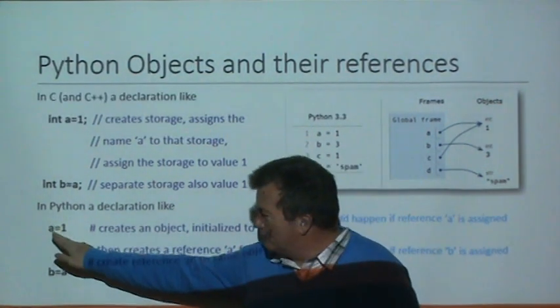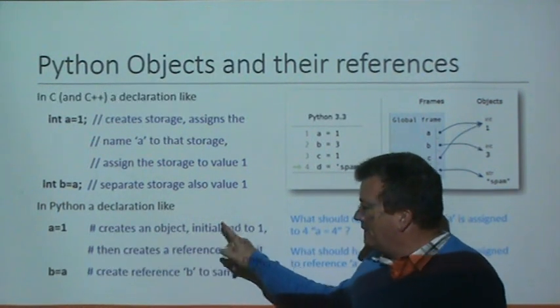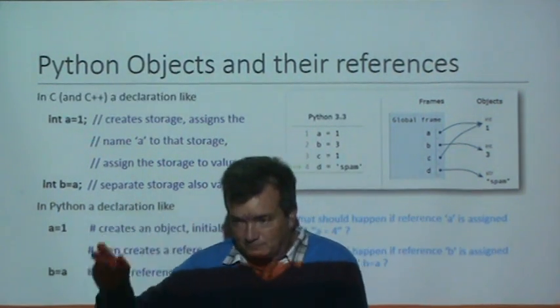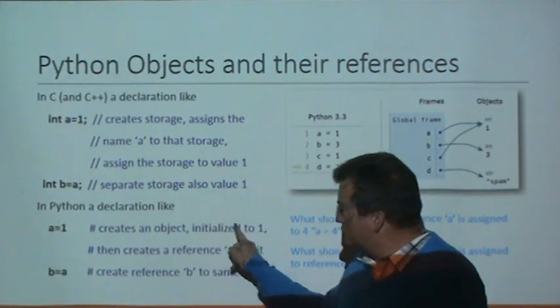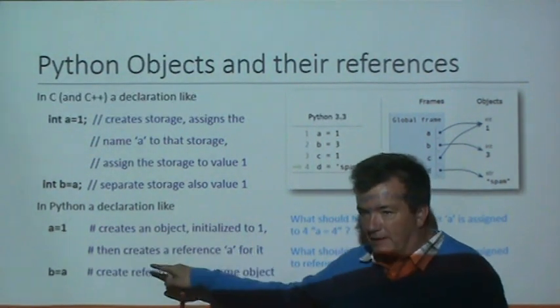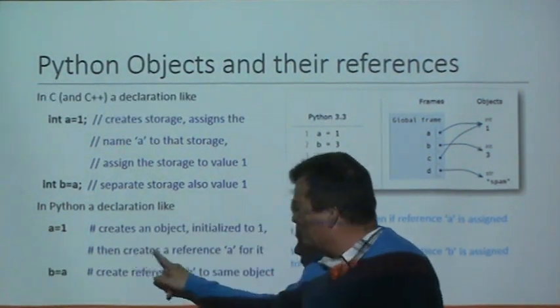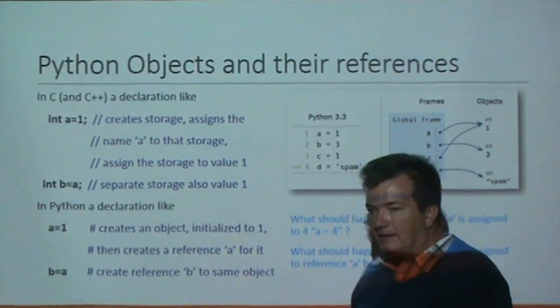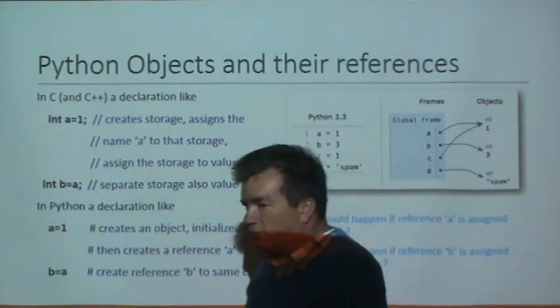So A equals 1, it will create an object, a chunk of storage that is of type integer. It will initialize that chunk of storage to 1. Then, separately, it will create a reference named A and make A refer to that piece of storage.